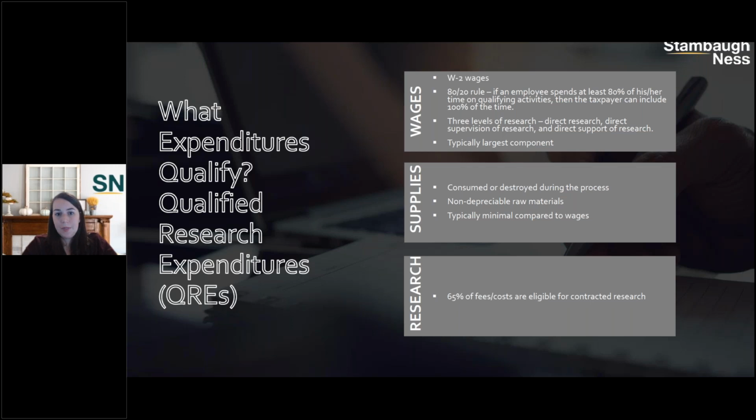You can't just take your subcontractor costs and multiply it by 65% and call it a day. They have to make sure that they are eligible cost, and we also have to look at who bears the financial risk as well as who retains the substantial rights to the research in order to qualify. So there are additional things you would have to look at in order to claim subcontractor cost.